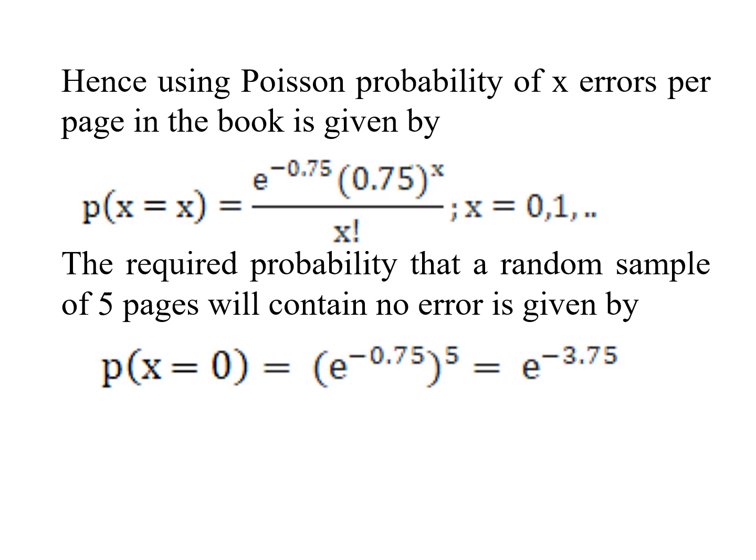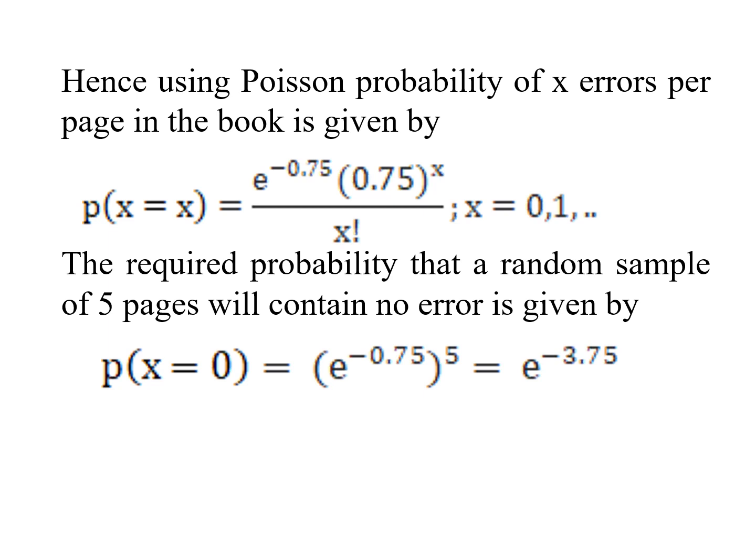Based on the given values, we now find the solution for this problem. The required probability that a random sample of 5 pages will contain no error is given by the following. We know lambda is 0.75.